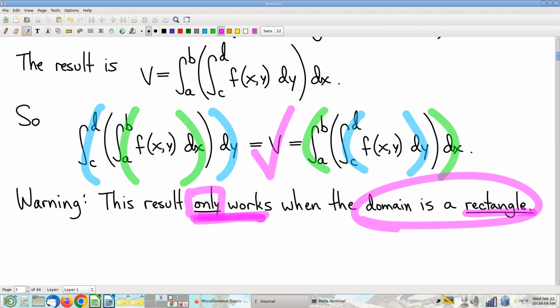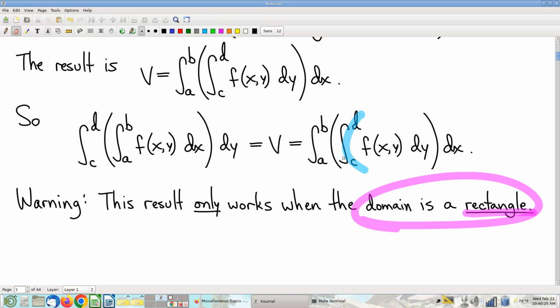But we will soon, probably on Friday, possibly today, I'm not betting on it. Anyway, sometime very soon we will be talking about domains that are not rectangles, and how do we deal with that. And very importantly, this goes out the window. It does not work. You cannot do this switch in the bounds, switch the differentials, and it all stays the same. Not true.